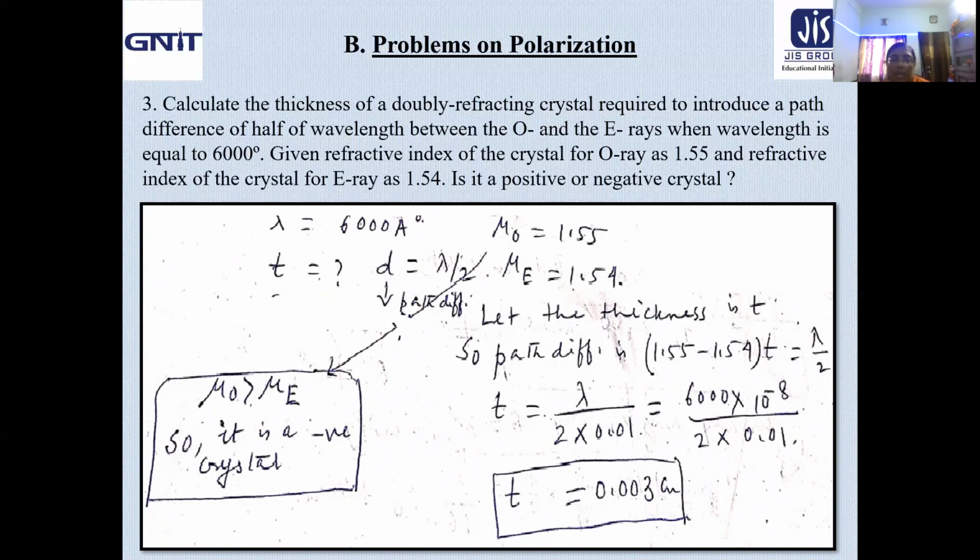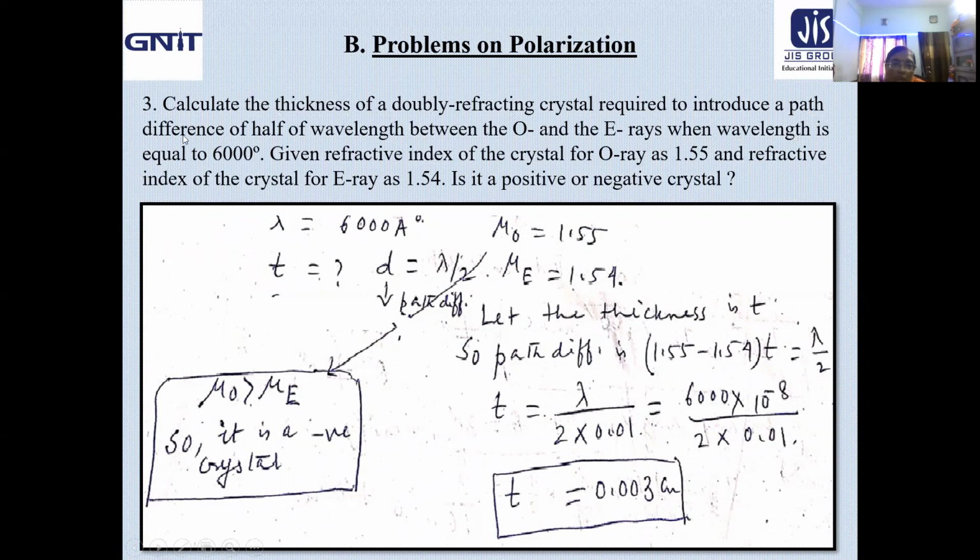Here it is a little bit big question, so let us take a look. Calculate the thickness of a doubly refracting crystal. That means you have to find out the thickness, so T is unknown to you. What is given?